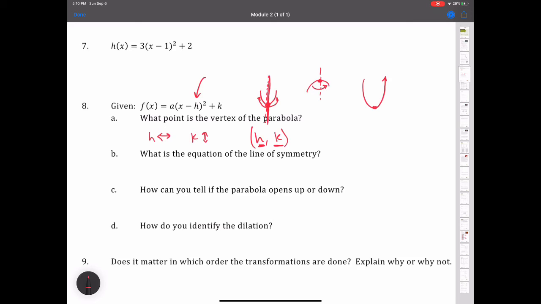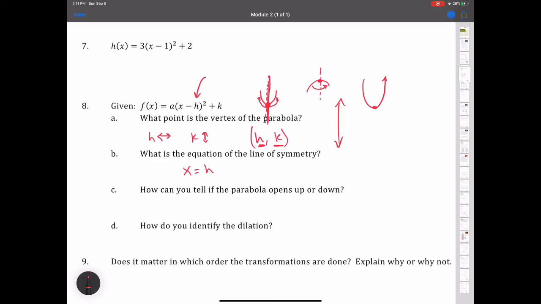It intersects the x value of our vertex, so our line of symmetry is x equals h. That's just a vertical line where, no matter what y is, x is always whatever the h move is.